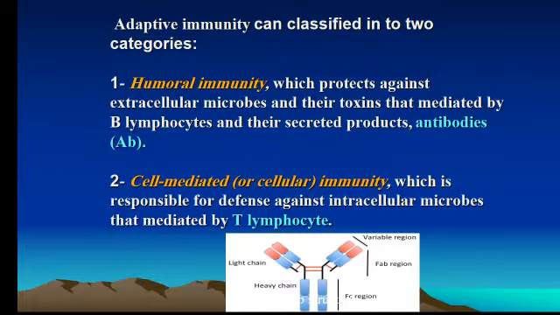What are the two main differences between humoral and cell-mediated immunity? The humoral is specific and protects the body against extracellular microbes, and it is mediated by the B lymphocytes and their secretory products, antibodies AB.